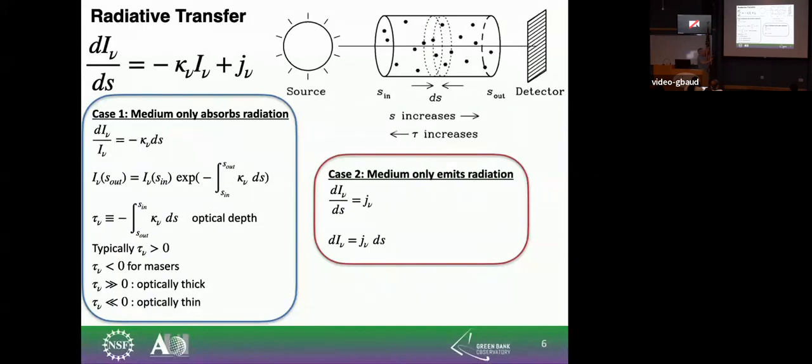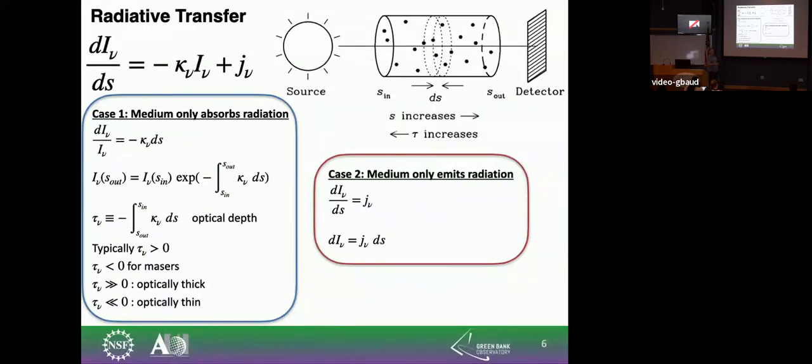This is our optical depth that you'll be hearing a lot about, depending on what frequency you're planning on observing at. Typically, it's non-zero. In a sort of weird case, when you have energy inversions, you get lasers, so you actually have an optical depth of less than zero.